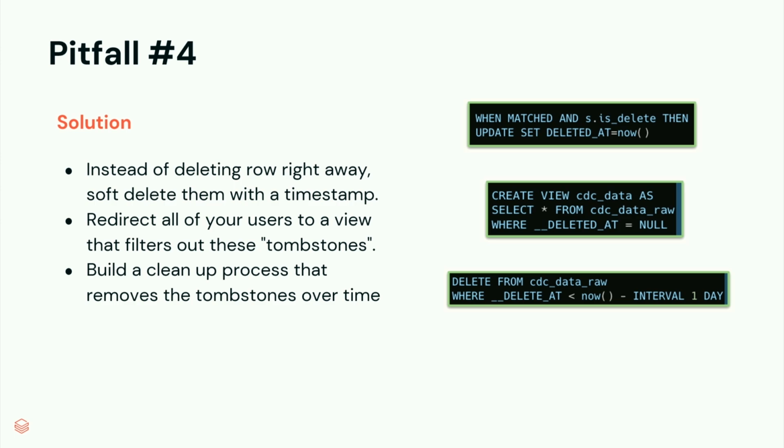But then things get a bit more complicated because you have the soft delete. Then on the query side, you want to filter out these soft deleted events. So we actually create a view on top of the underlying table to give you the point in time correct results from the target of applied changes. Then we build a cron job to periodically clean up this data as time goes on.